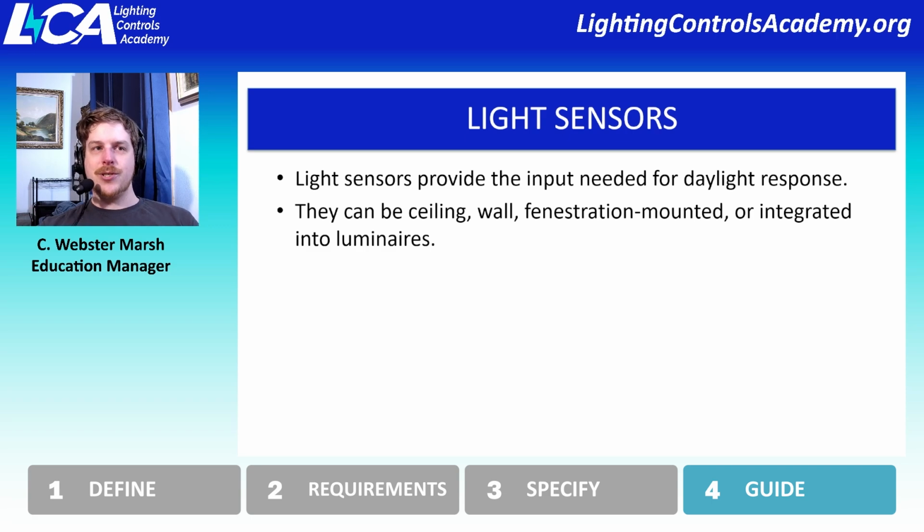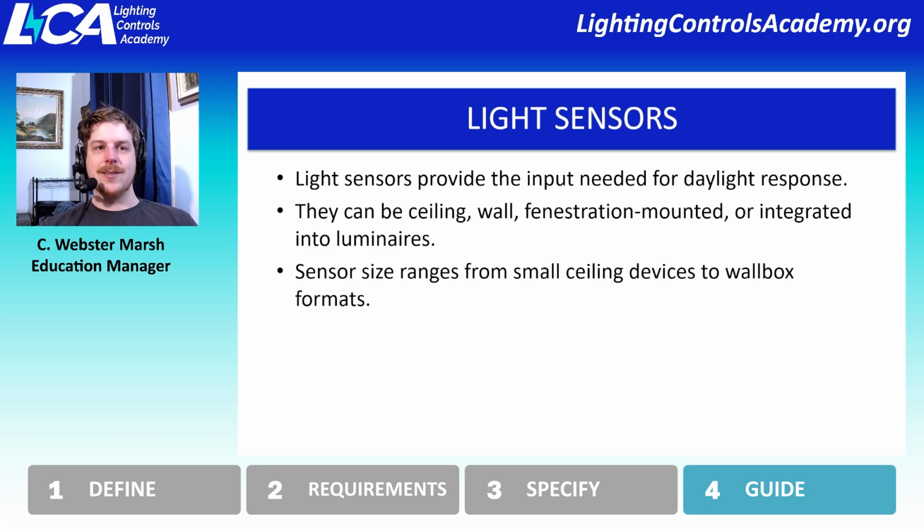There's a lot of options for where we can mount these sensors, and they really do vary in size, and they might even be within the wall boxes themselves. If you're unfamiliar with that term, wall box just means everything in one box. And so I've seen really itty bitty light sensors, and I've seen really large light sensors, and it really depends on the technology and the manufacturer that you're working with, but size really doesn't determine a whole lot about that sensor.